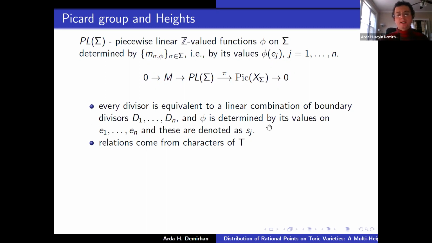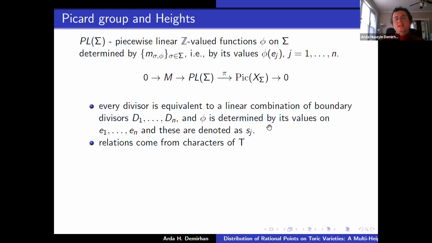This is given by assigning a piecewise linear function phi to the subsheaf L_phi of the constant sheaf of rational functions on the toric variety, generated by m_sigma phi, which is the restriction of phi to the cone sigma. This is an exact sequence, and by this correspondence, we can replace PL(Sigma) by T-linearized line bundles. Every such divisor is equivalent to a linear combination of boundary divisors.